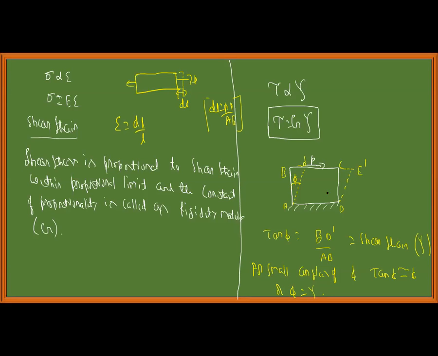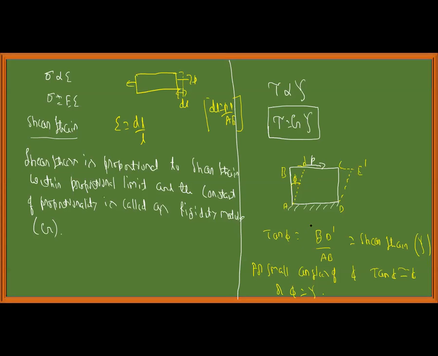Whereas shear strain is nothing but tan gamma, which is nothing but change in angle, which is nothing but BD dash by AB. Initially, the edges were perpendicular to each other. When I apply a shear force, the edges move sideways, and there's a change in angle, and this change in angle is the shear strain.